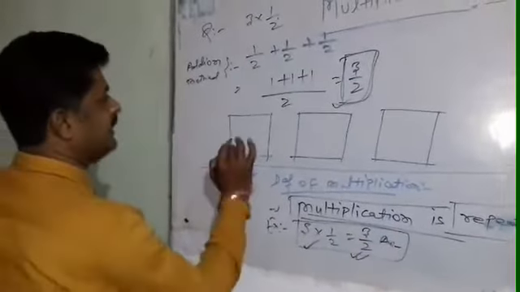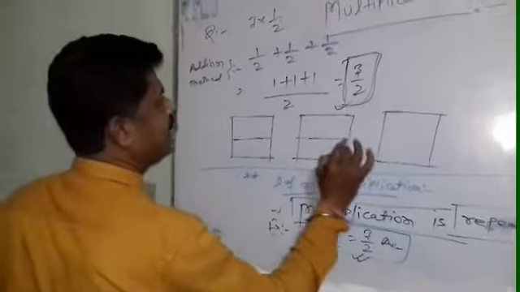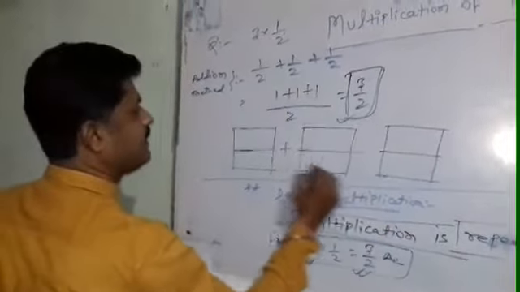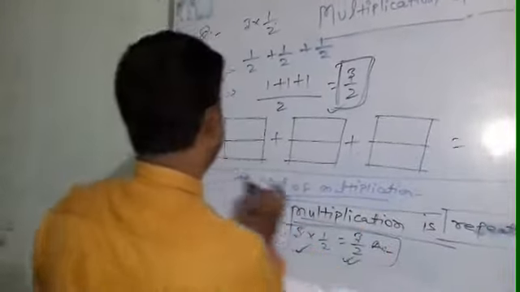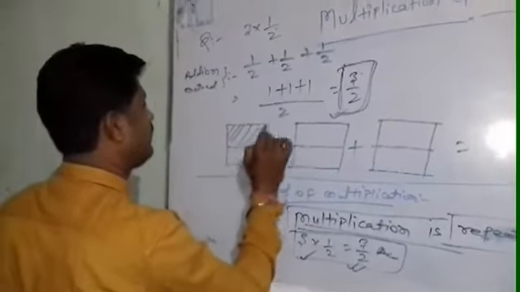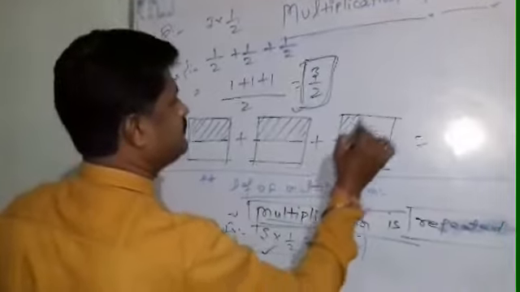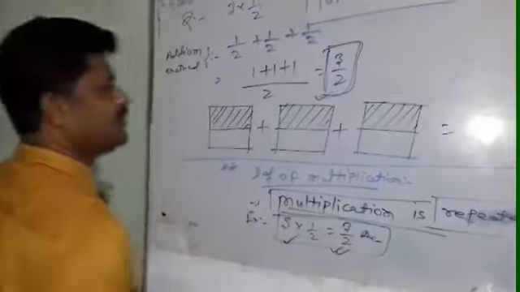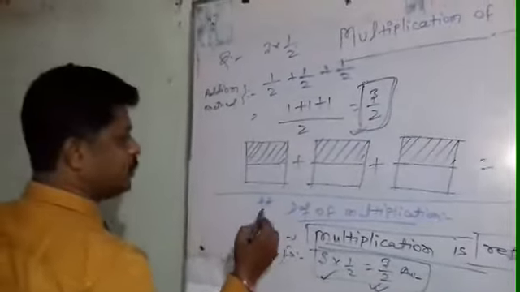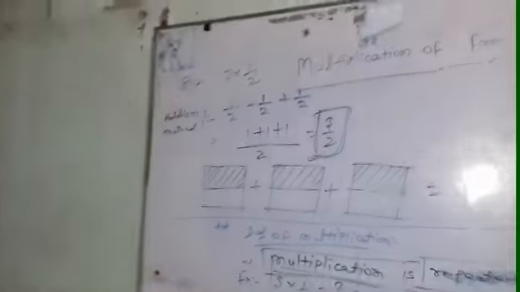Okay, that means this is our half, and this has to be added. This is 1 by 2, one second also.